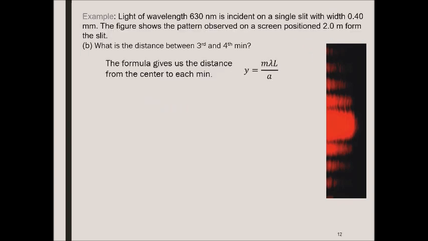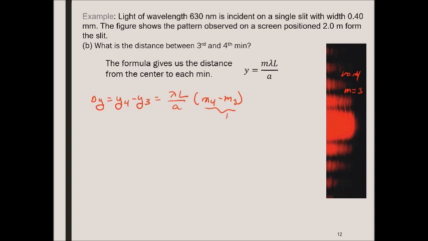Okay, so now we're going to use this formula to figure out the distance between m is equal to 3 and m is equal to 4. So the difference between y is y at 4 minus y at 3. And so that gives us lambda L over a times m4 minus m3.